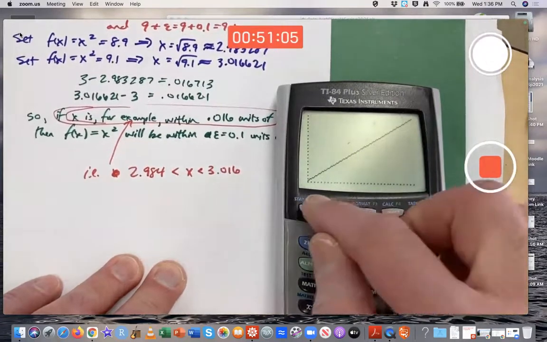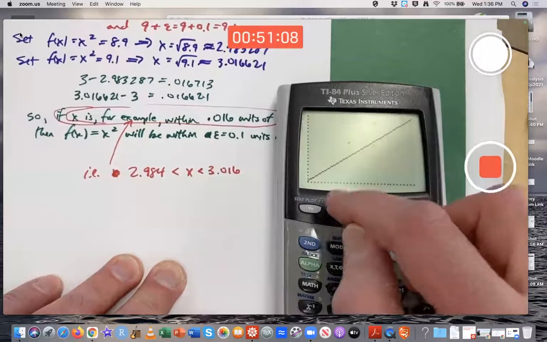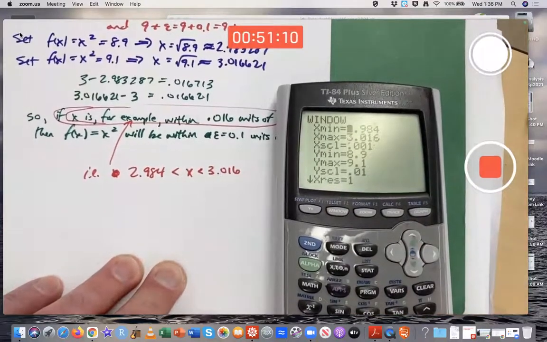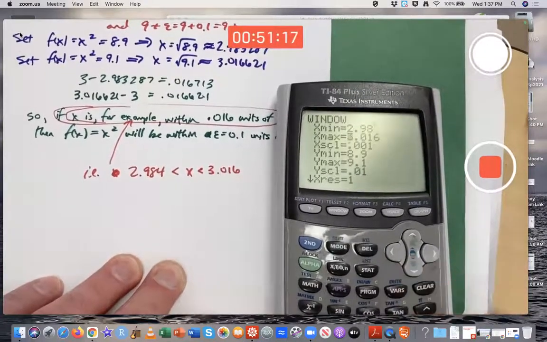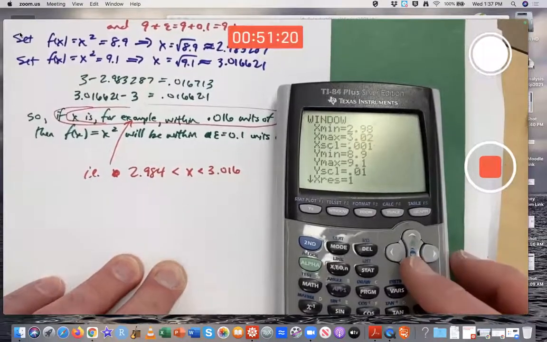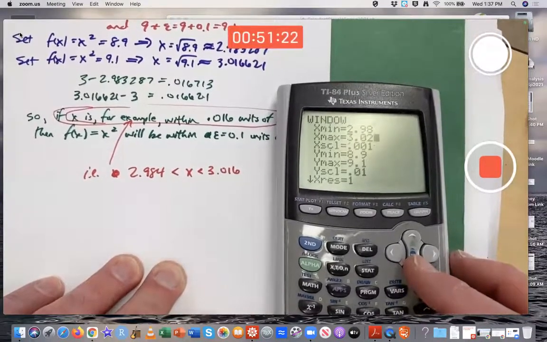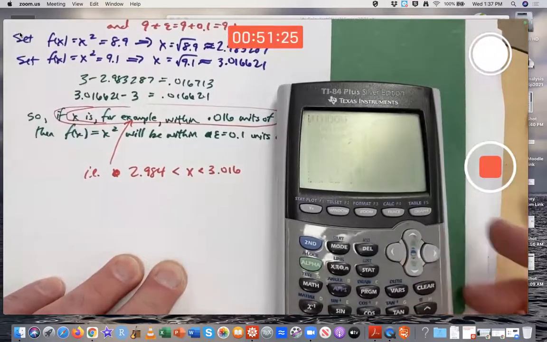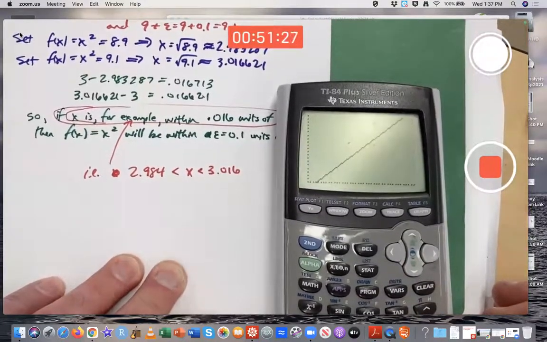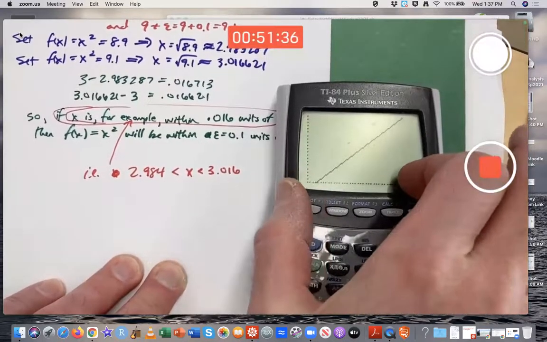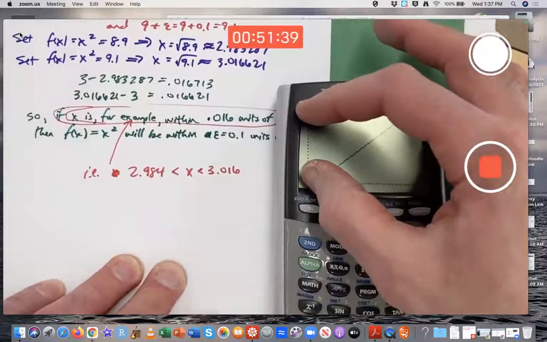If I did not pick x to be close enough to 3, if I pick this to be, say, 2.98 instead of 2.984, and this to be 3.02 instead of 3.016, watch now, the graph will exit through the top and the bottom now. I'm not close enough to 3 on this window here to make the outputs within 0.1 units of 9.